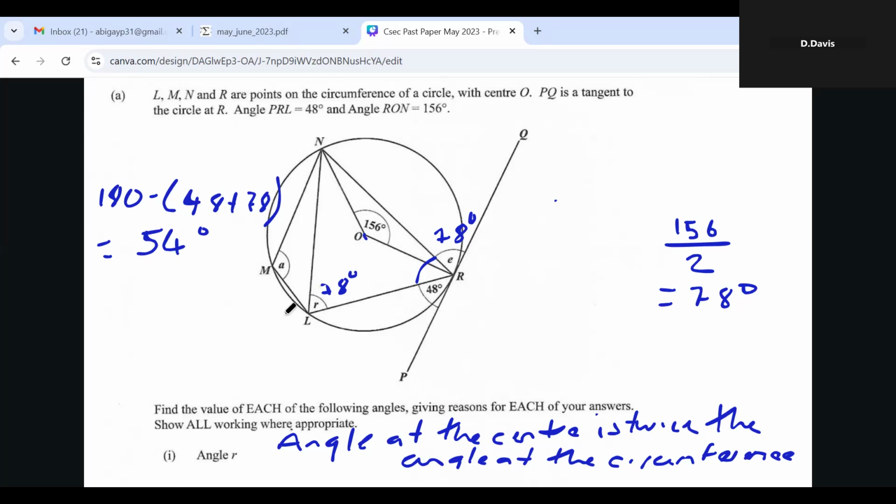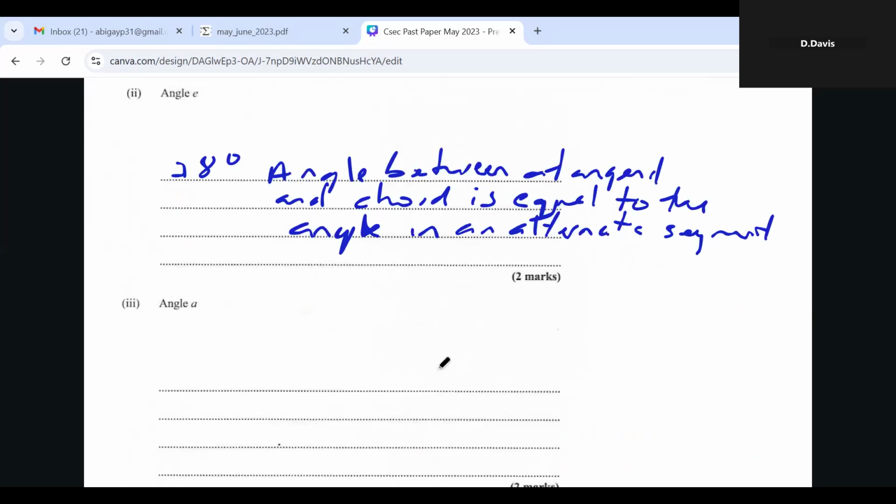And we know that when we add these two up together, because it's a quadrilateral, it's going to give you 180. So 180 minus 54 degrees equal 126 degrees. So that's our answer right there.